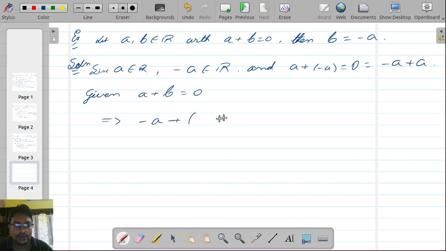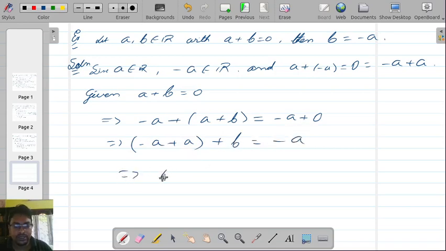I just add minus a to both sides. So this is equal to minus a plus 0. So this one is minus a plus a, by the associative property, plus b, equal to minus a plus 0, which is minus a. So what is minus a plus a? It is 0. 0 plus b equals minus a. So 0 plus b is again b. So b equals minus a, right?